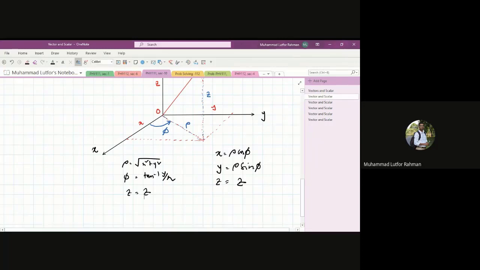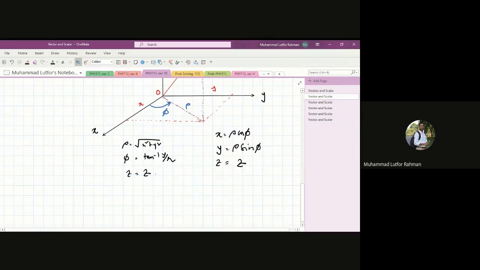And the unit vectors for this cylindrical coordinate system we also express by these three quantities: rho head, phi head, and z head. The direction of all three unit vectors would be in the direction of increment of the quantity.